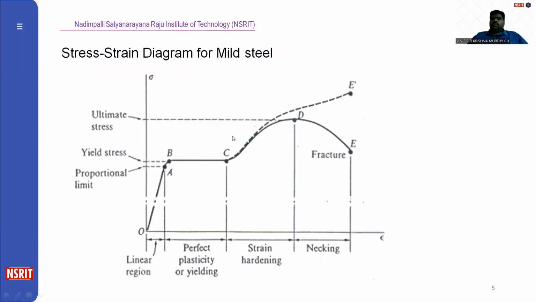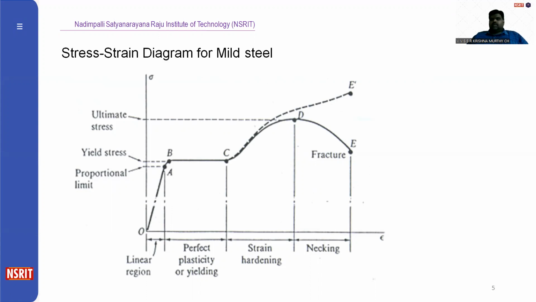So now we'll go with the stress strain diagram for mild steel. First, how to conduct the experiment: you take a mild steel specimen and place it in the UTM, the Universal Testing Machine. Once you apply the load on the mild steel, if the load is 0, it starts linearly up to this point, and this point is called the proportional limit.